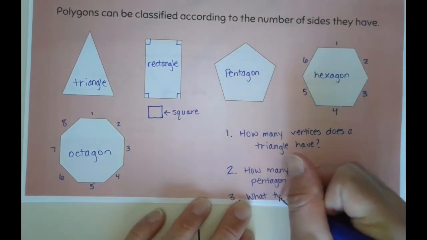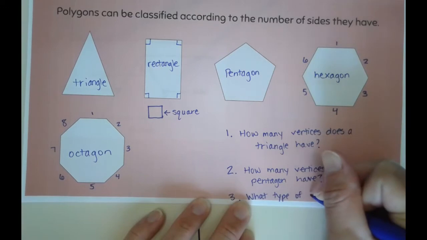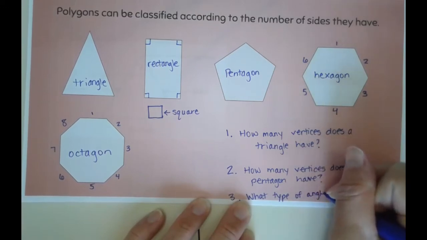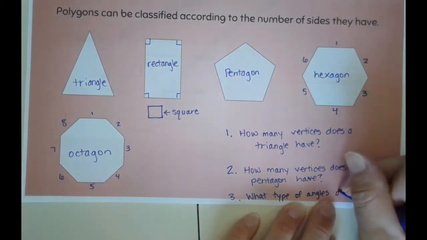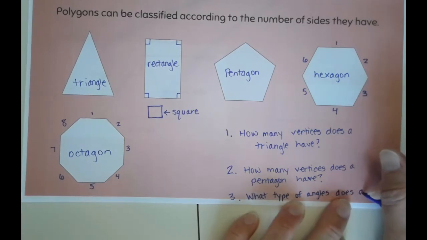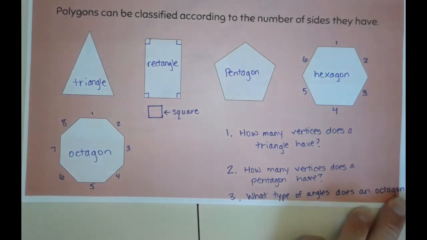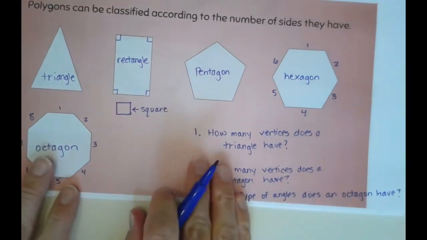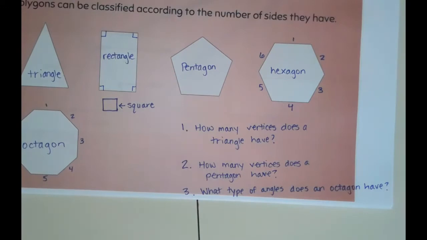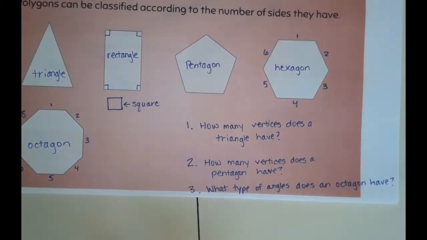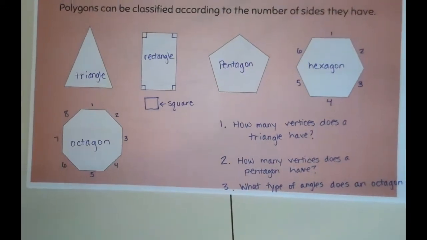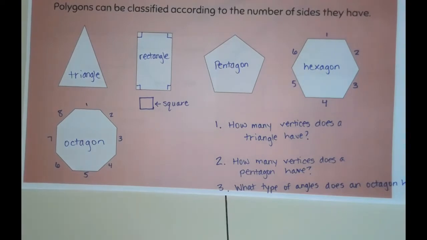What type of angles does an octagon have? Okay. I want you to answer all 3 questions. I'm going to give you a couple minutes to do that. Please pause the video, though, if you need more time, and then we're going to review our answers.